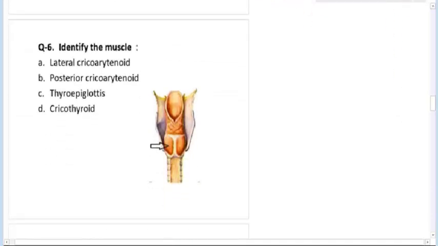This question is visual and asks us to identify the muscle, and we know this is posterior cricoarytenoid. Posterior cricoarytenoid is the only abductor. So who are the adductors then?